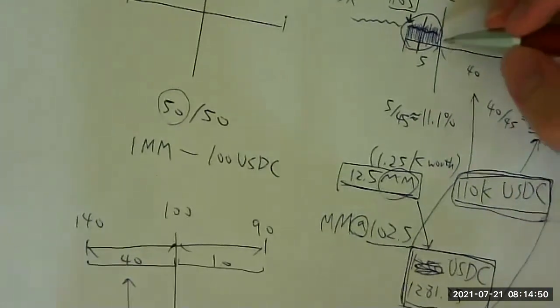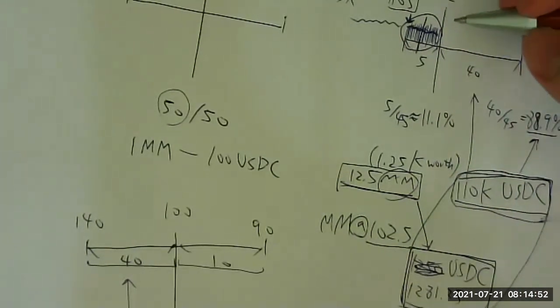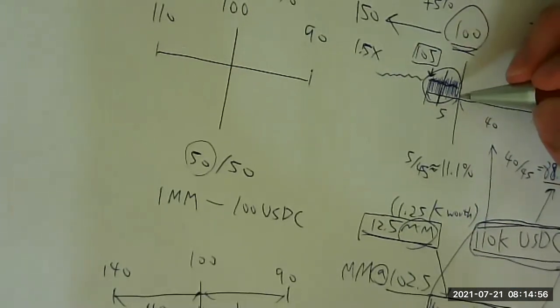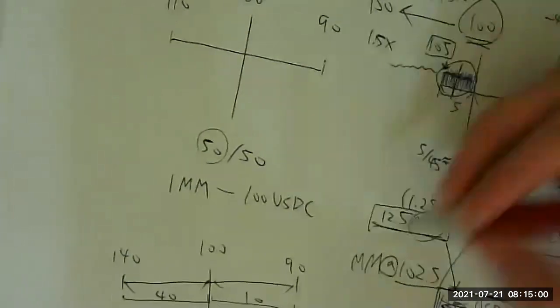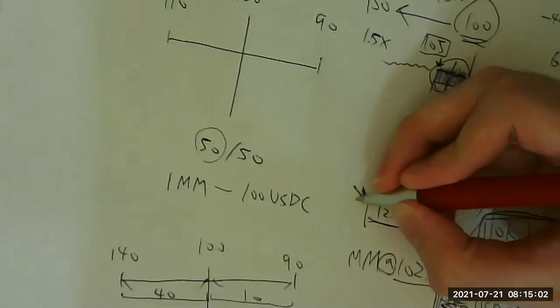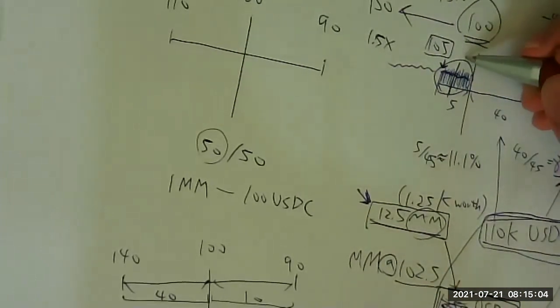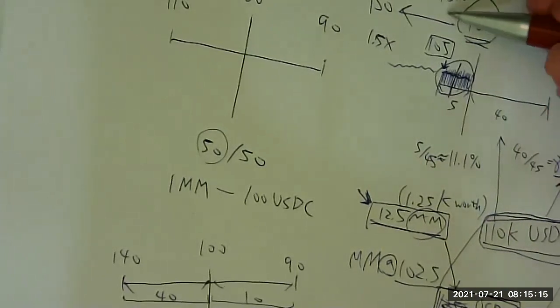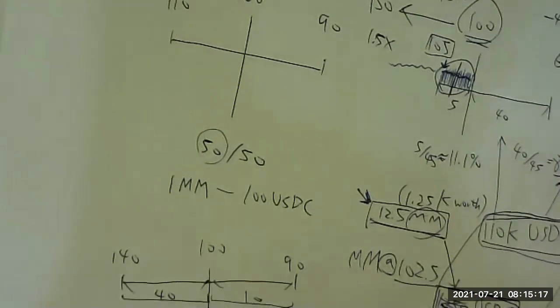Okay, and why do we say there is impermanent loss? Well, because theoretically, if you compare against someone who just holds this amount of MM and didn't put it into the liquidity pool, then the value of MM goes up as the price of MM moves up, right?